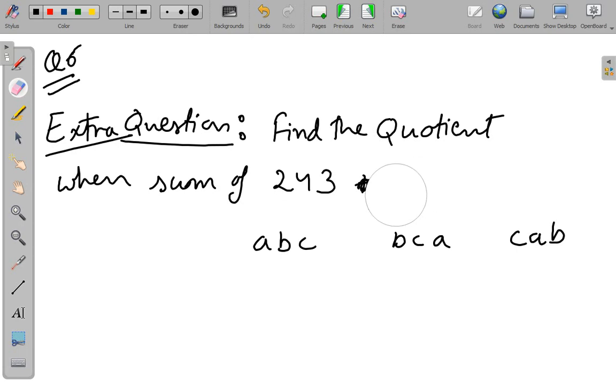A is the first term, B is the second term, and C is the third term. So the second one is BCA, 432, and CAB, C is 3, A is 2, and B is 4.